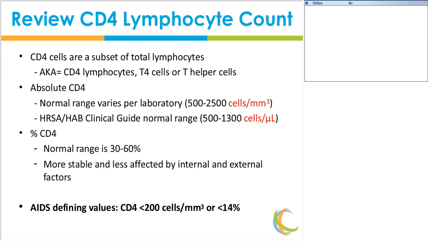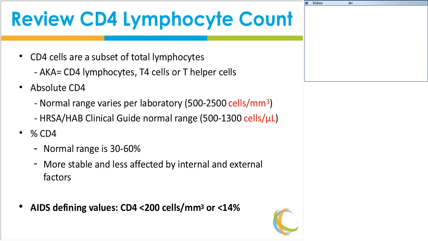We've had many discussions over the years, and a lot of us know that cubic millimeters and microliters are not the same unit, but for some reason it's still out there in the literature using both of these units. So whichever unit you see, the range is the same. It can vary a little bit, but it's somewhere between 400 and 500 up to 1,300, 2,000, 2,500. So those are your actual normal ranges for your absolute CD4 cell count.